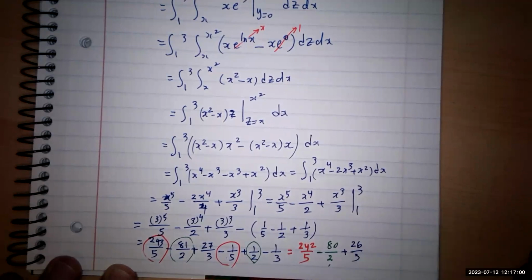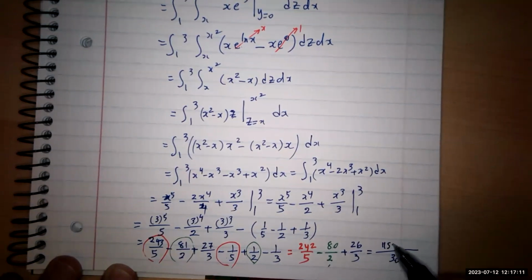Okay, then you can find the common denominator, which is going to be 30, and then do the job. 30 divided by 5 is 6, 6 times 242 is 1452. And 15 times 80 is going to be 1200. And that gives you 260.